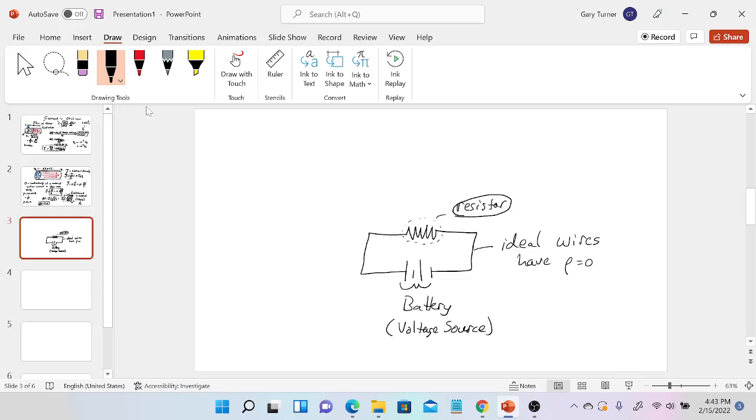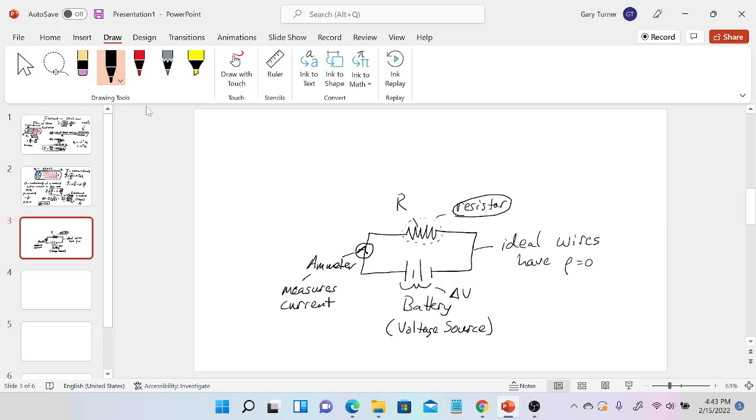And so you have a resistor R, you have a voltage source delta V, and you can put an ammeter in your circuit to measure your current, right?